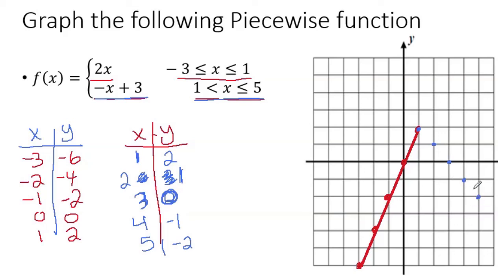And now I need to connect these points with a line. Now, if the first point for x equals 1 was not connected with the previous piece, I would have made an open circle to indicate that the value of x equals 1 in the second piece is not going to be included.